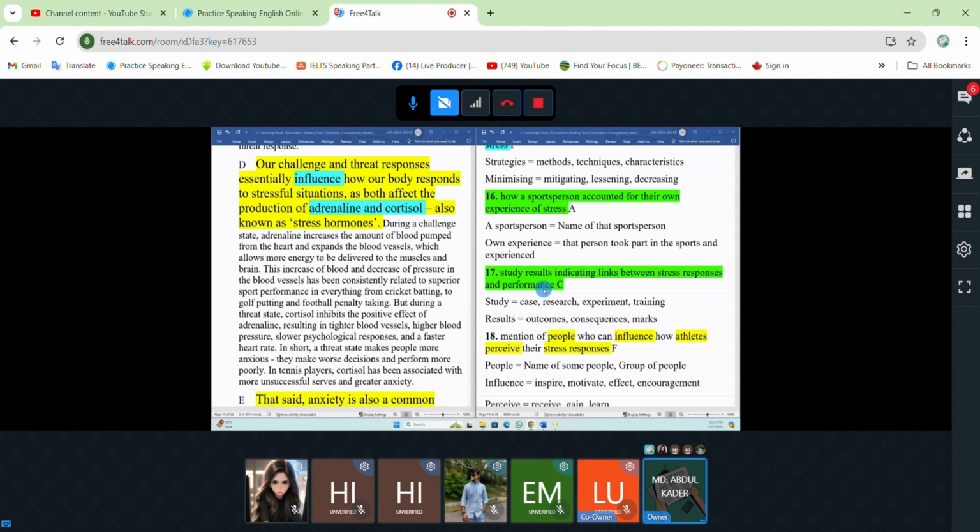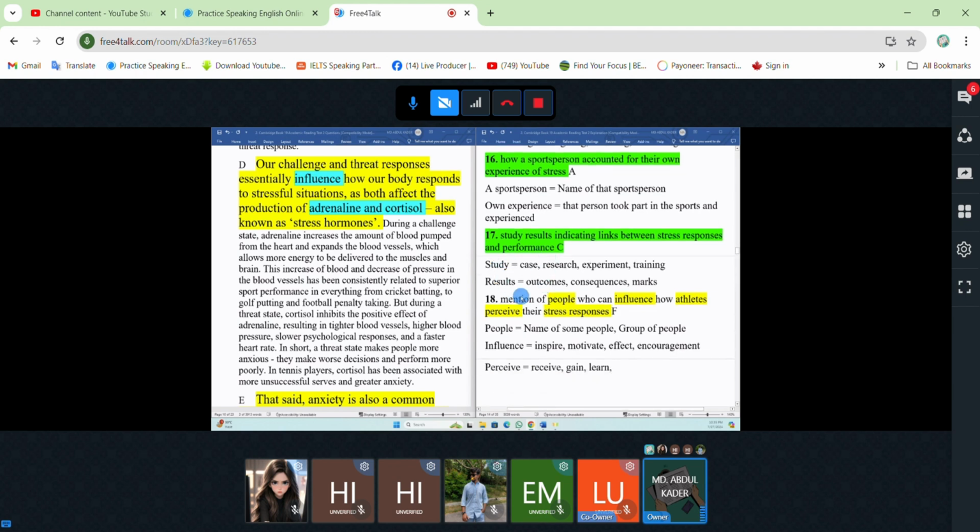Positive stress responses mean you are performing positively, showing good performance. Negative stress responses mean you are performing poorly, showing poorer performance.